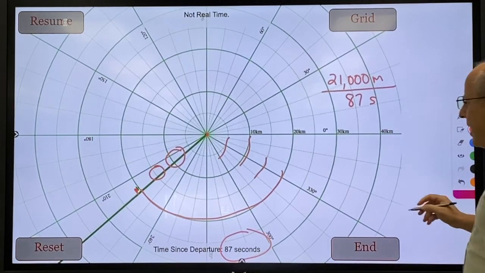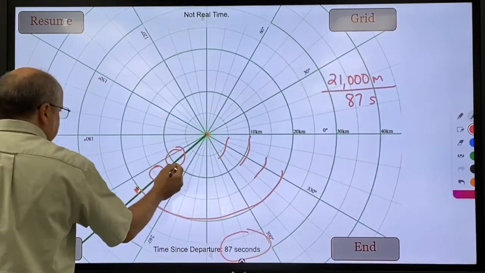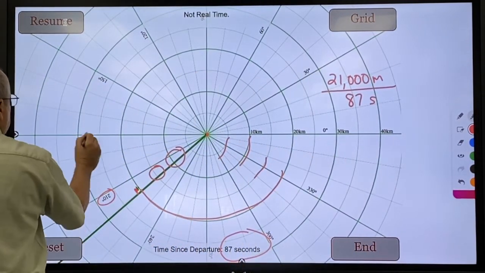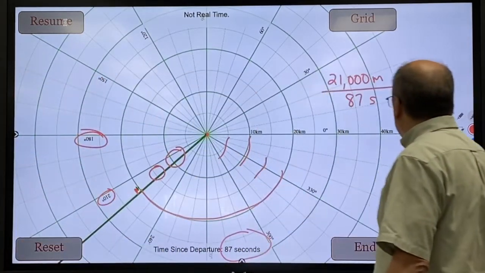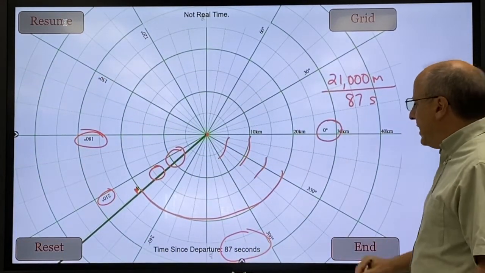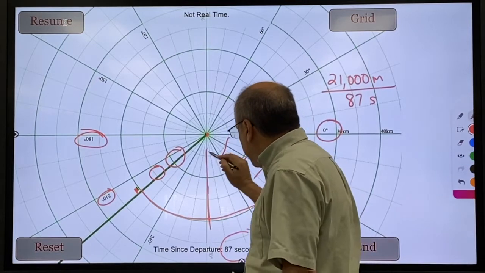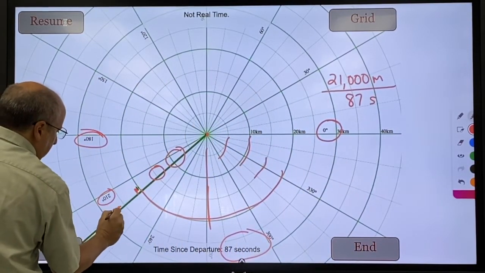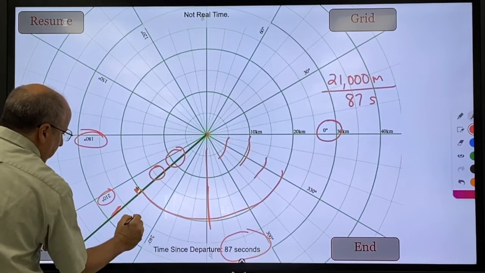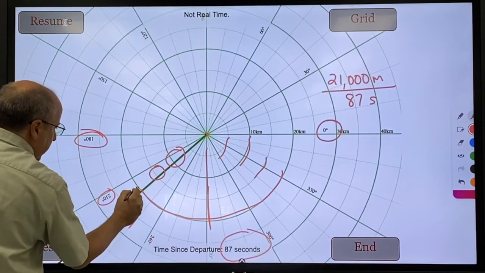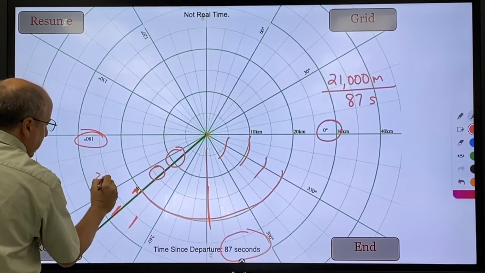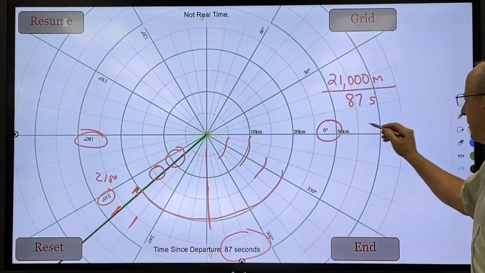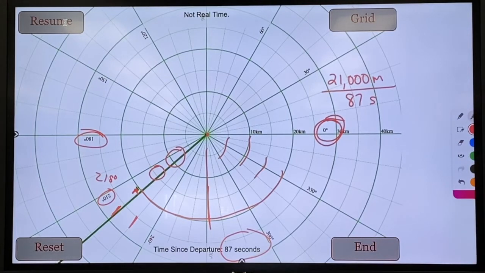So then you have to get the heading or the bearing, and that will be based on these markings here. So 180 is here, 0 degrees is east, 270 is here, 210, 220, 230, 240. This guy is maybe 218 degrees. Again, measured from the 0 on the east.